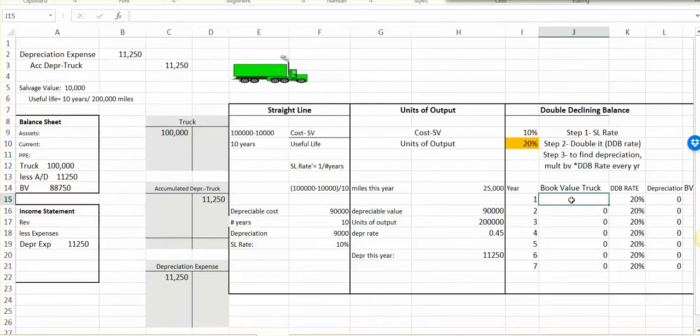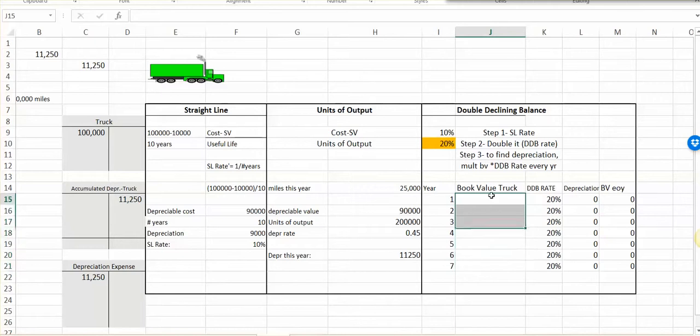So the book value of the truck at the beginning of the year, the first year before it has depreciated at all, is 100,000. Then you'll take out depreciation of 20,000, and that gives you the book value at the end of the year of 80,000. If your book value at the end of year one is 80,000, then the book value is 80,000 at the beginning of year 2.